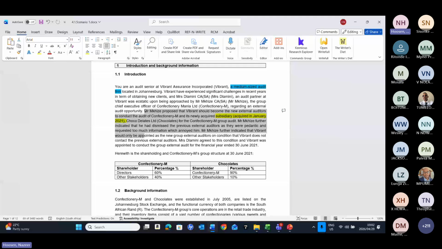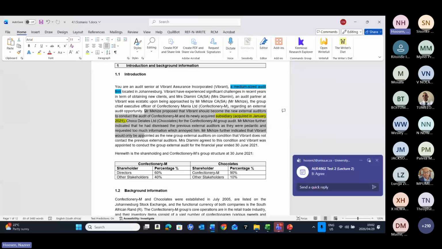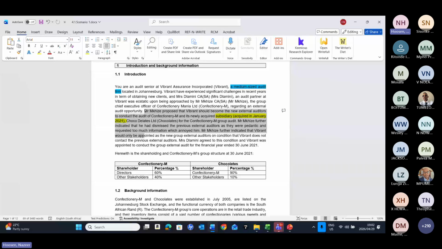I don't think there's such a thing as too much; you have to request information that you require to obtain an understanding of the entity and its environment. That will always go back to the key concept. Well done. He requested too much information which annoyed him, so he dismissed the previous auditors. So what does that tell us?